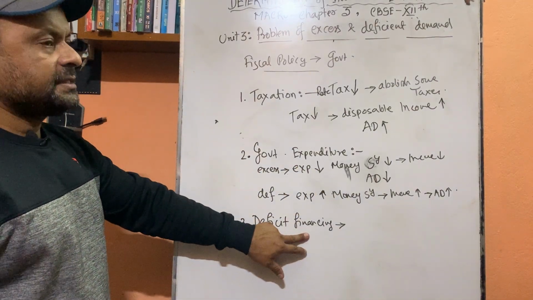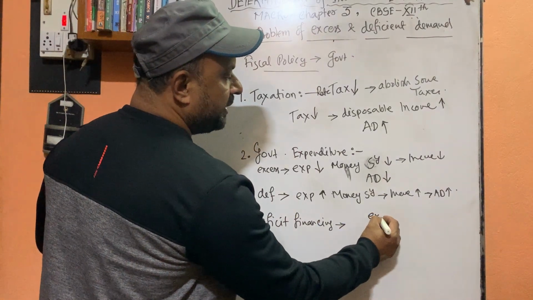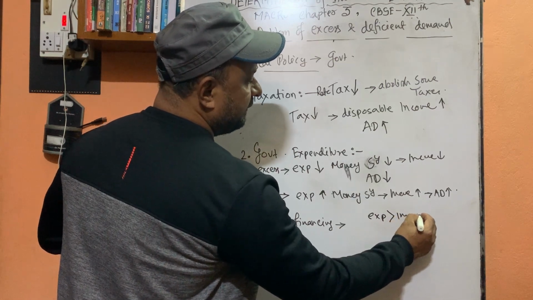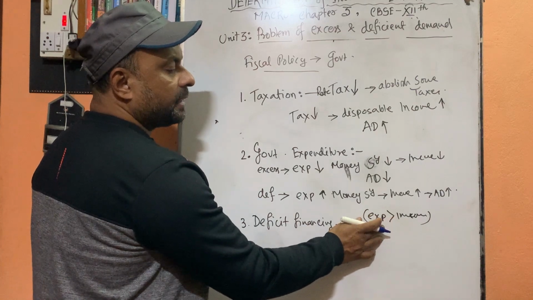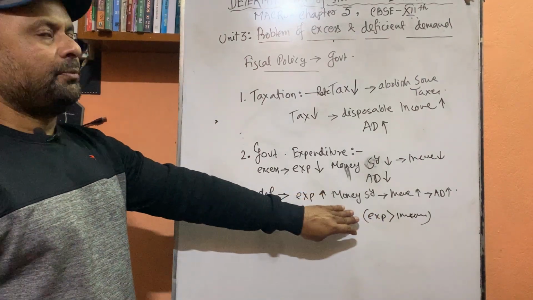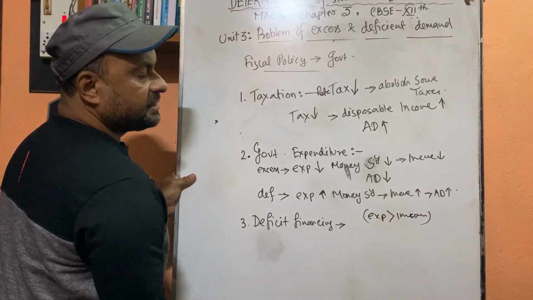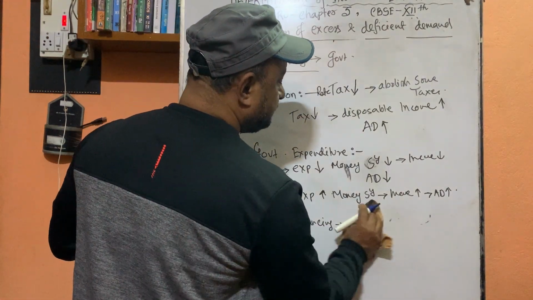It means when there is a budget deficit, when government expenditure is more than income, then it is called a deficit in budget. At that time, to overcome the problem, government either prints new currency notes, or borrows from other countries, from RBI or from other sources. This is deficit financing, meaning financing the deficit of the budget.